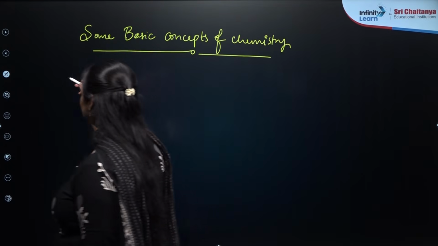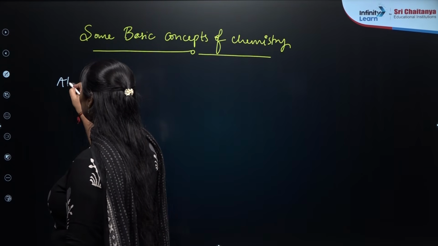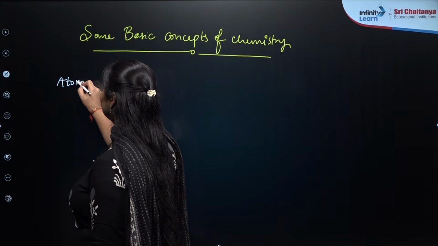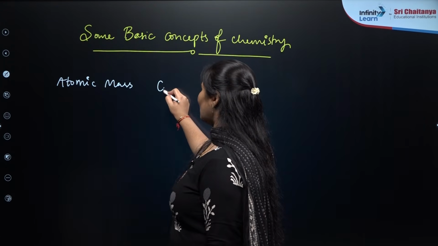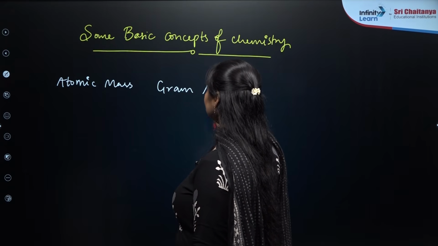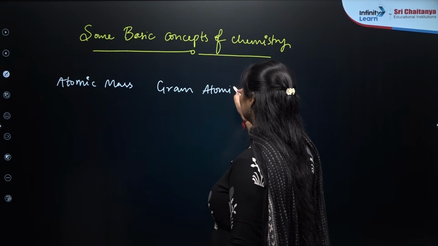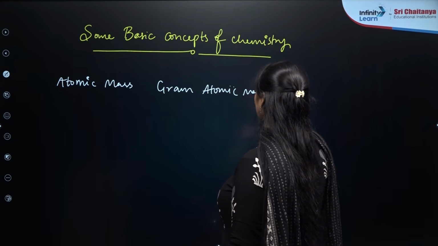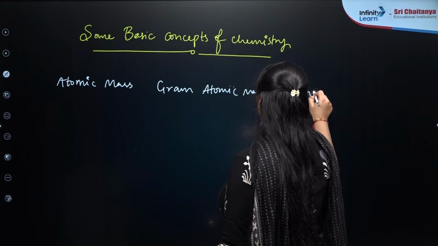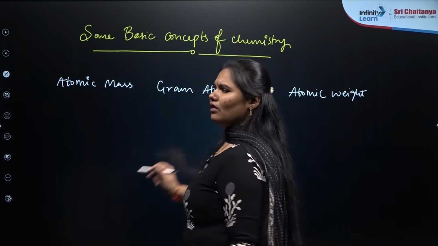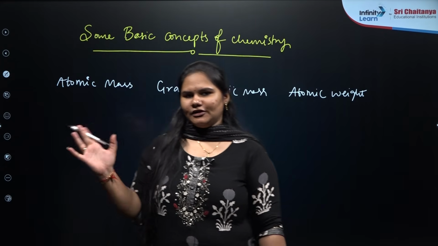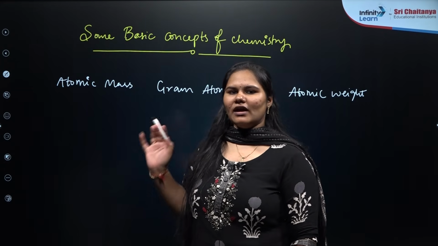Most of the time we hear these terms: atomic mass, gram atomic mass, and atomic weight. All of them are somewhat related to weights or some amount of the atoms.